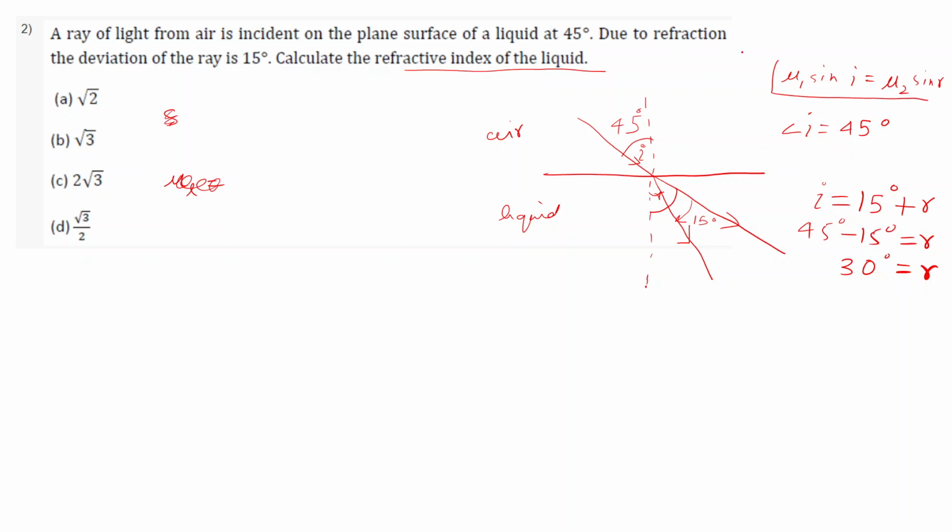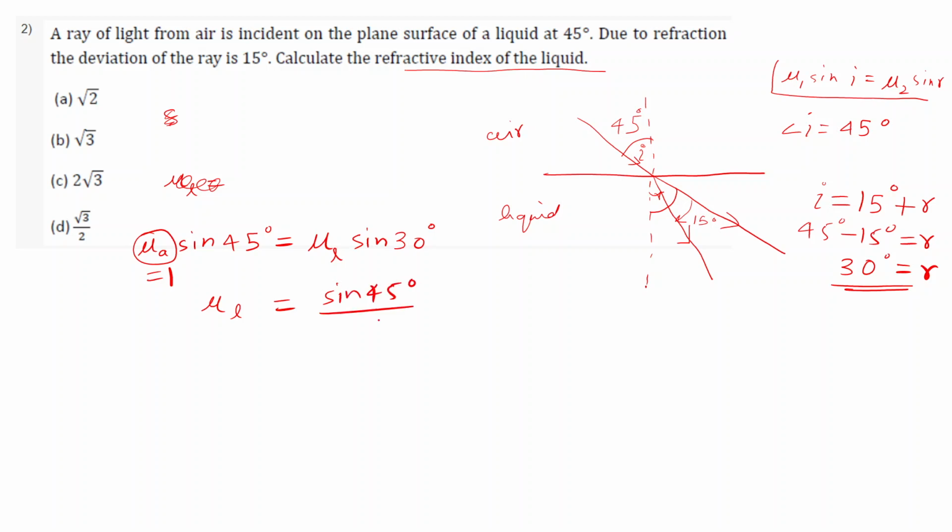So the refractive index where incidence is happening, that is air, the refractive index of air times sin I, which is 45 degrees, is equal to the refractive index where refraction is happening, which is this liquid, so the refractive index of the liquid and the sine of the refraction angle, which is 30 degrees. So the refractive index of air is 1. From this, the refractive index of L will be sine 45 degrees divided by sine 30 degrees.